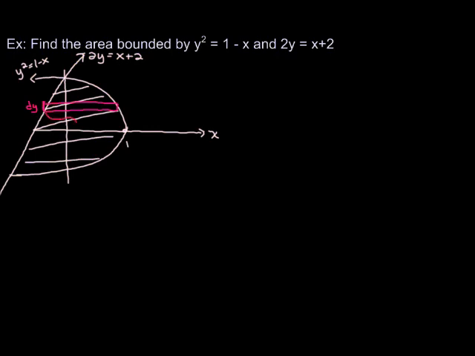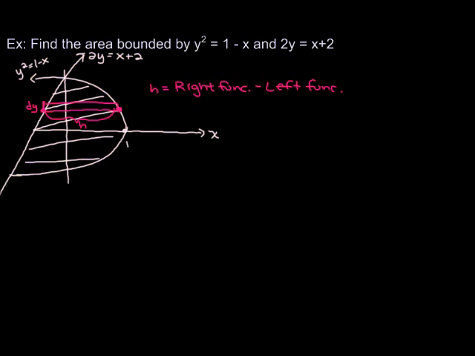And now when I look at the height of my rectangle, my height would be measured from this value of x to this value of x, which would be the same thing as taking this right function minus the left function. And since we are measuring these as values of x, I'm going to rewrite these functions in terms of x, so solved for x.